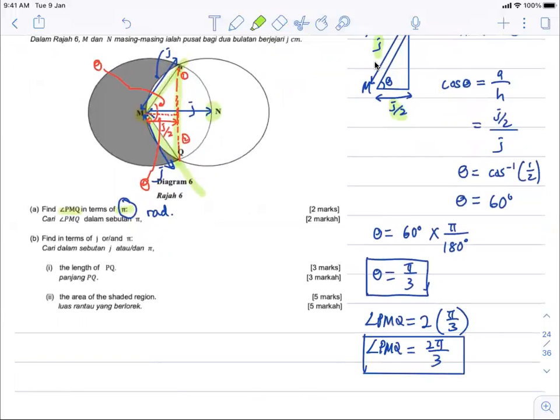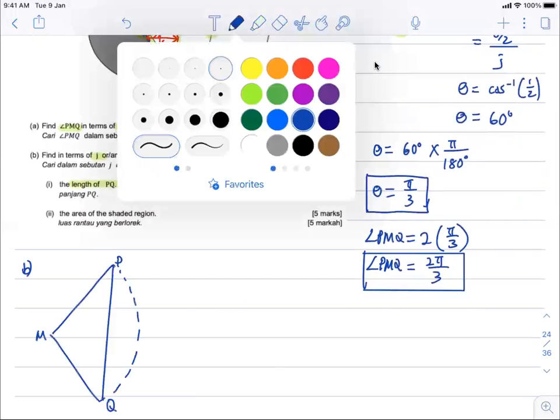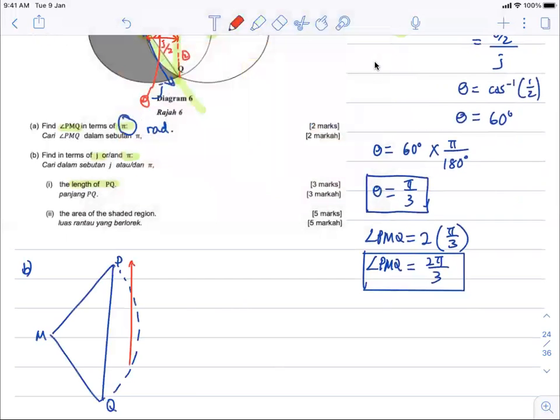Now let us move on to part B. Part B asks us to find, in terms of j or pi, the length of PQ. Let us redraw the triangles over here. The question asks us to find the length of PQ.